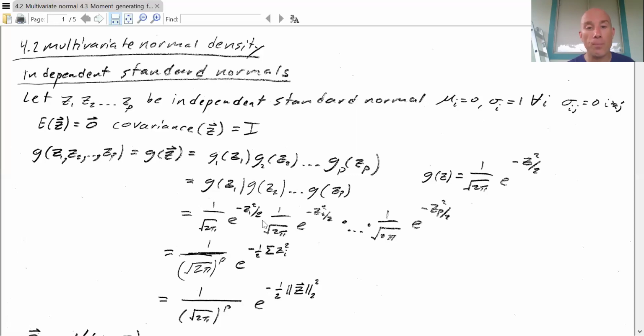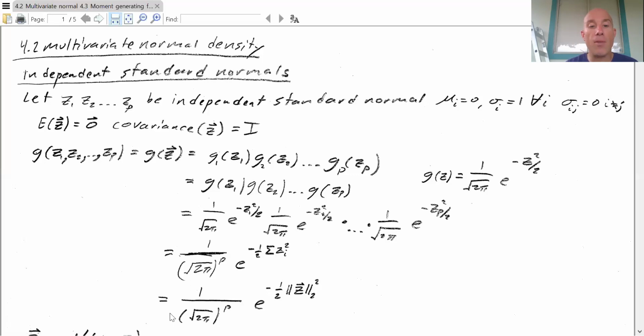And so here, I can see that I've got in the exponent, negative variable squared divided by 2, negative variable squared divided by 2. When I multiply these together, I know it's just going to be a summation. Now, this sigma is the summation sigma, not the sigma for covariance that we'll be dealing with later. Okay, well, I know that if I take the sum of the squared entries, that is the same as the 2 norm squared. So I can replace the sum by the 2 norm squared.